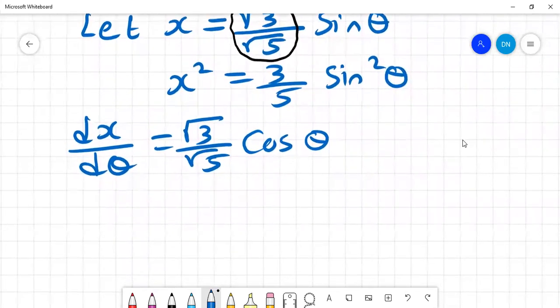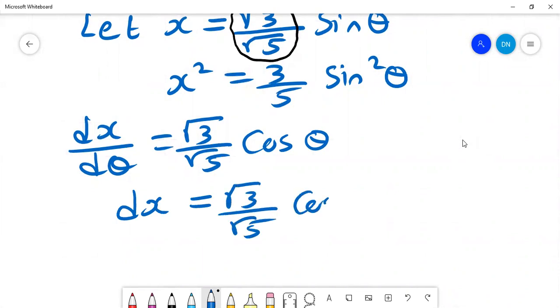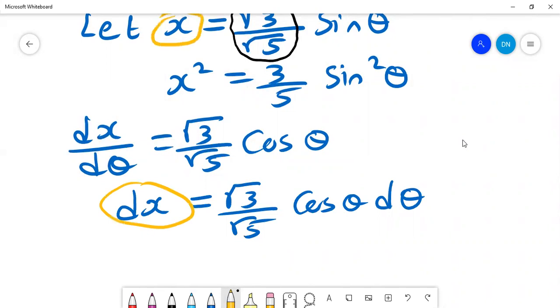But now I need to make dx the subject of the formula. So dx will be equal to root 3 over root 5, cos theta, d theta. So I have the two parts, my dx and my x. Those are the two I want to take now into the equation.